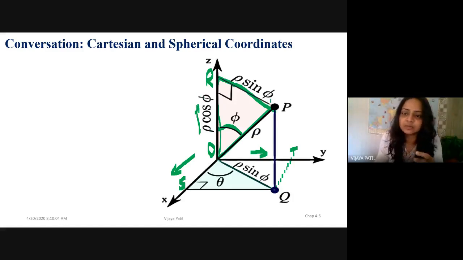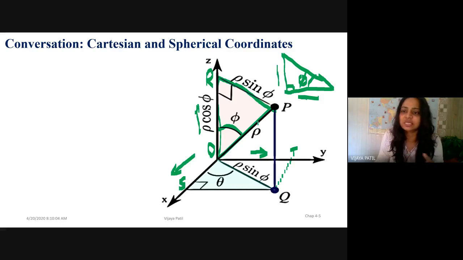And along this PR, it is rho sin phi. It is the same as what we are discussing every time with the right angle triangle law. Suppose this is my phi here, so this angle gives my cosine component and this gives my sine component.